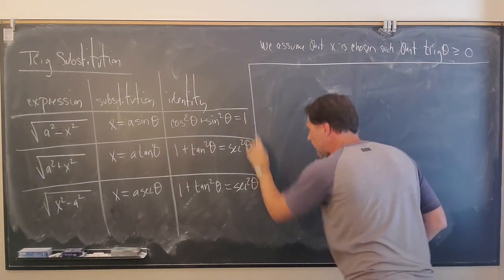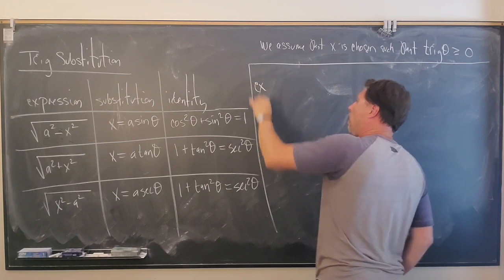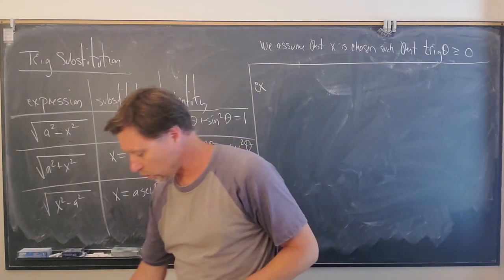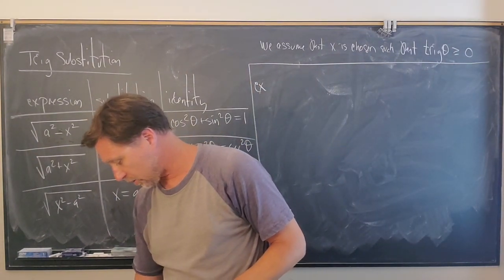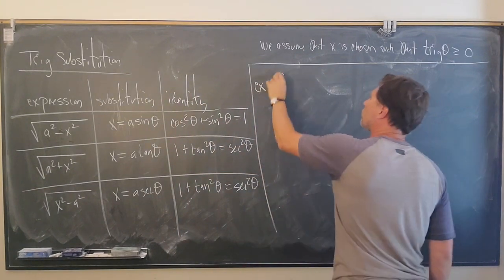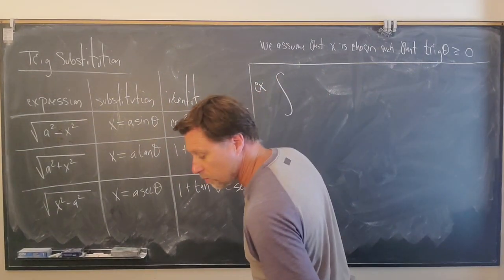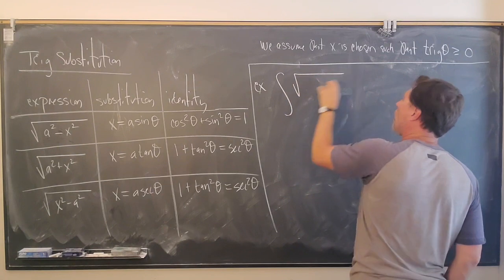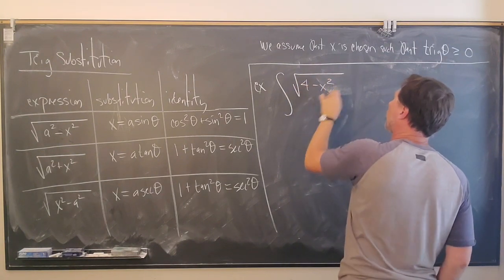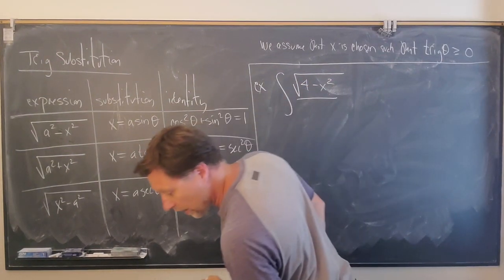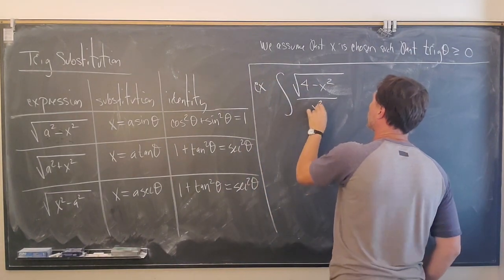Okay, so let's jump in and start doing examples and see how trig substitution works in action. First example: the integral of square root of 4 minus x squared divided by x squared dx.